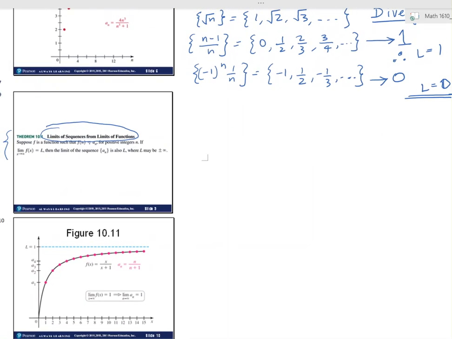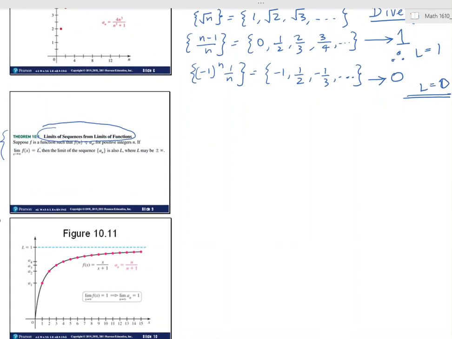Suppose f is a function such that f of n is a_n for all positive integers n, then if the limit of this function f of x as x goes to infinity is L, then the limit of the sequence is also L.